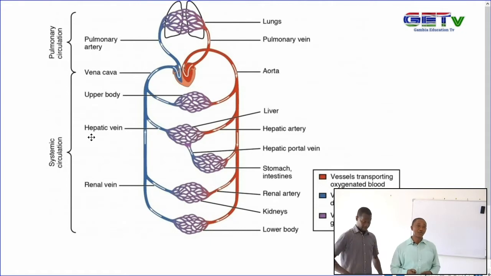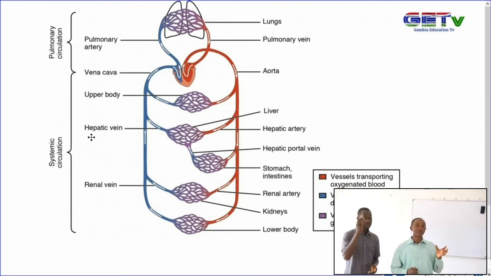So it is important we try to memorize, learn the names of the blood vessels that supply some important organs or parts of the body, and also the ones that take blood from those parts of the body back to the heart. So let's go to the lungs. It's very easy to remember.